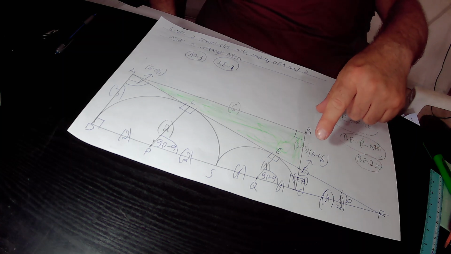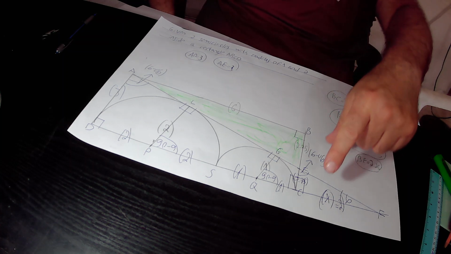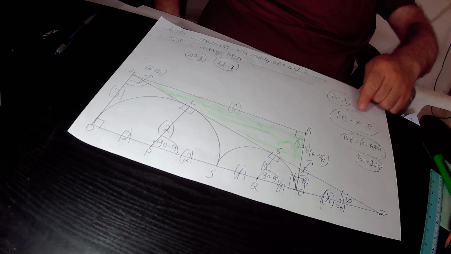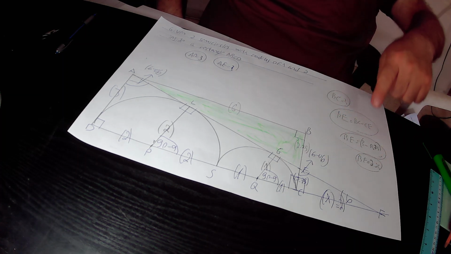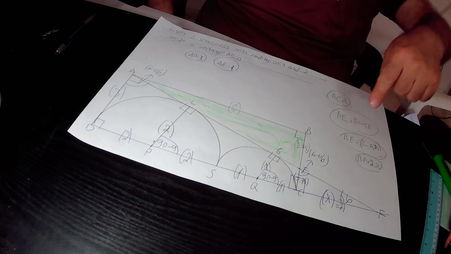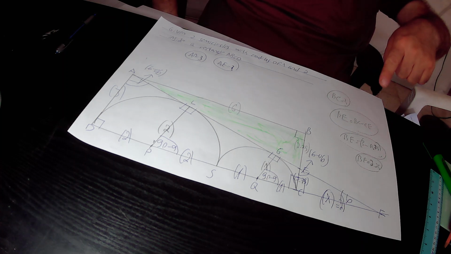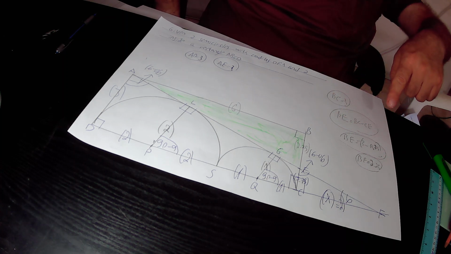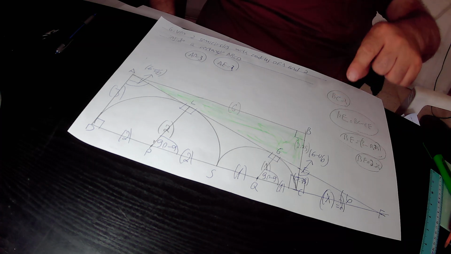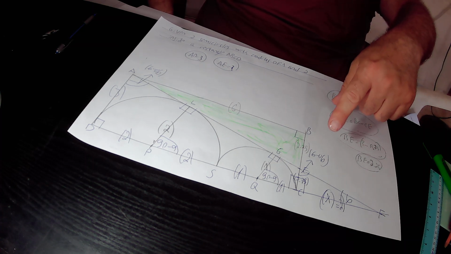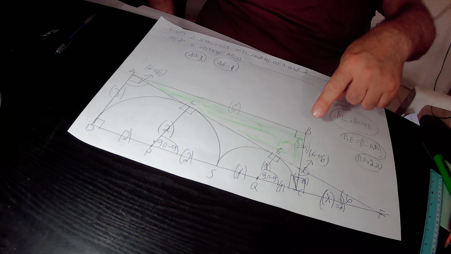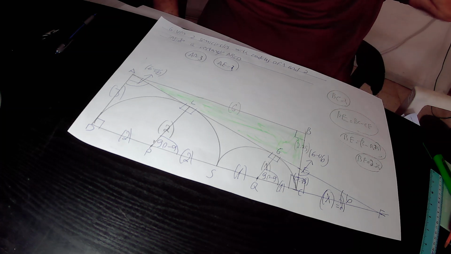Therefore, the missing side BE must be equal to BC minus EC. BC is 3, EC is 0.75, and therefore BE equals 3 minus 0.75, that is 2.25. In conclusion, the missing side BE equals 2.25 units in length.